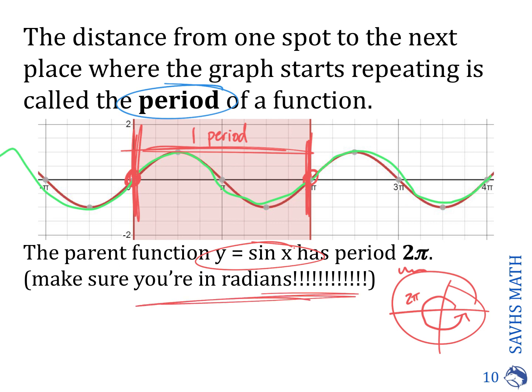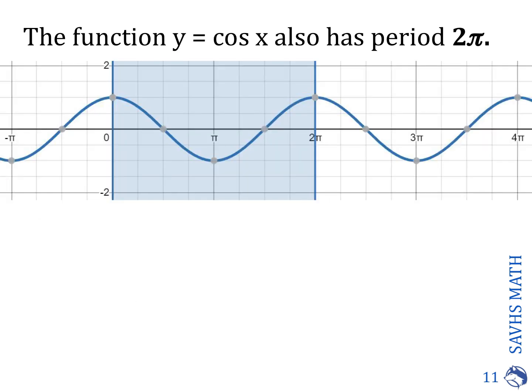Again, this assumes that we're always in radians, and from here on out you are going to be in radians, so just stay in radians. Just like sine, cosine of x also has period 2 pi. It repeats every 2 pi also because as you go around the circle, every 2 pi, the cosine's values are going to repeat.